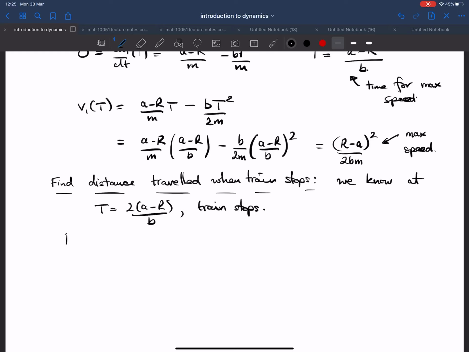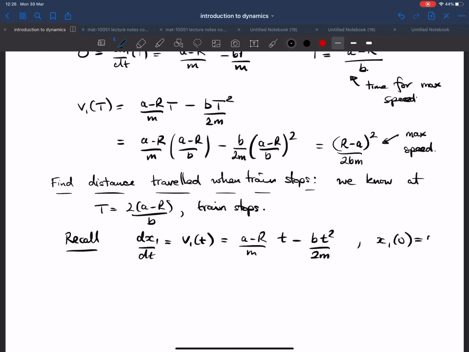Now, recall dx1 by dt equals v1 of t, which will be equal to the following. We found this before, so we just have to integrate, and then all we need to do is find the arbitrary constant, which will just render our arbitrary constant 0.